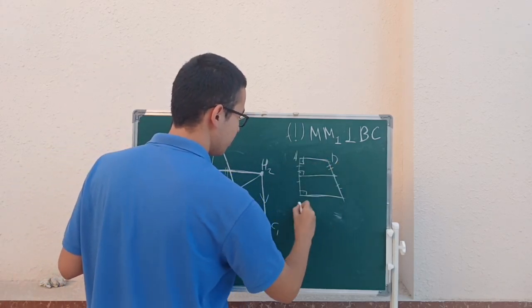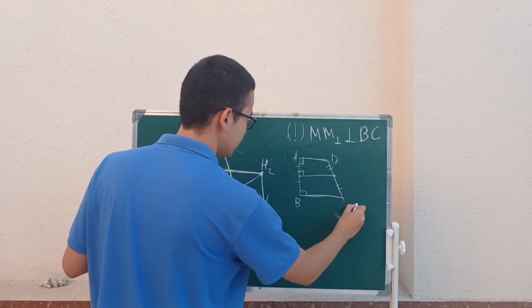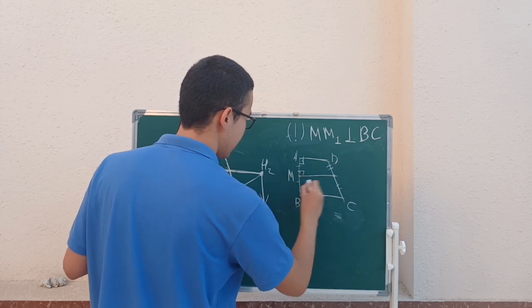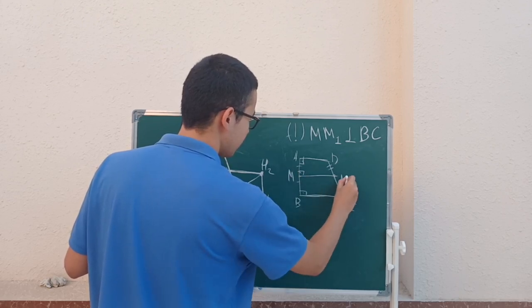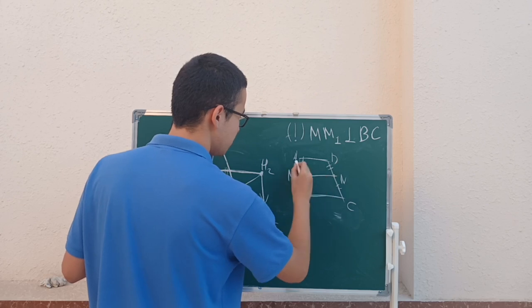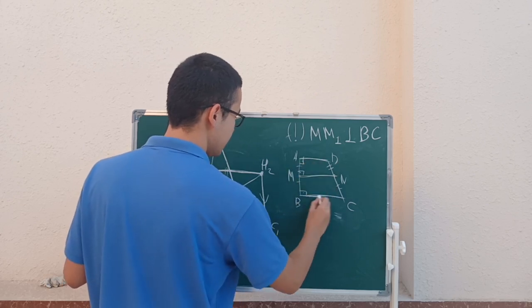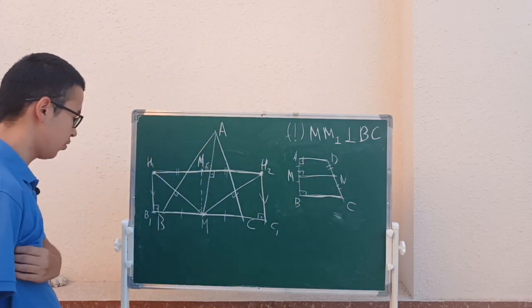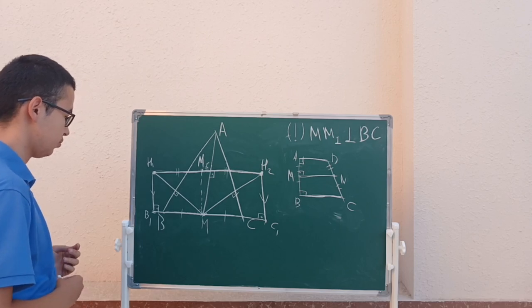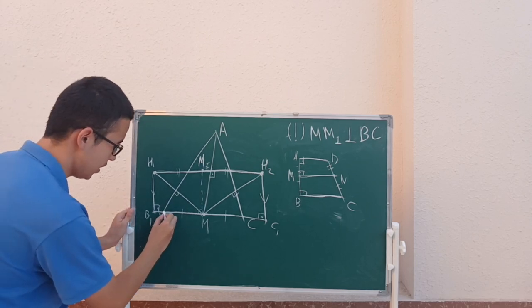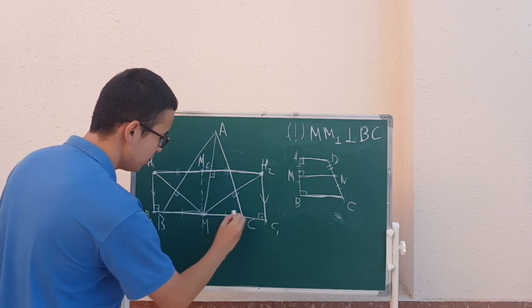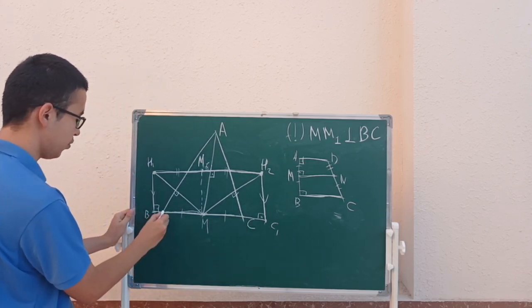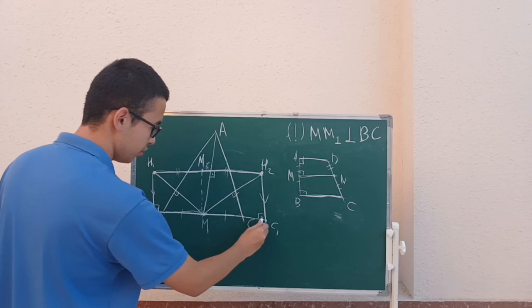Let's say it would be AD and BC, and the midpoint would be M, and then MM is parallel to AD and BC. So now, because BM is equal to MC, it is enough to prove that B1B is equal to C1C.